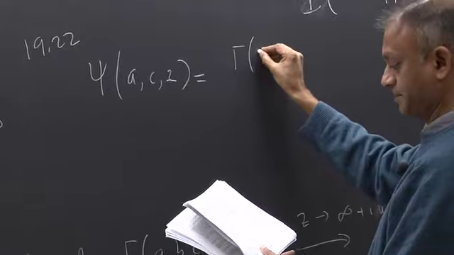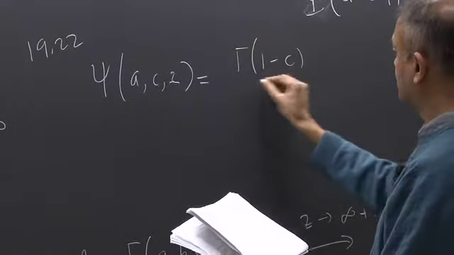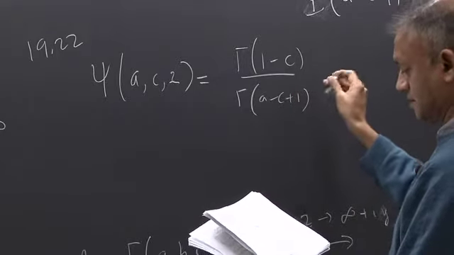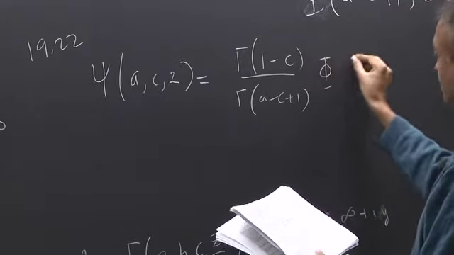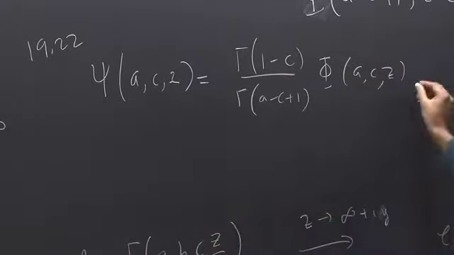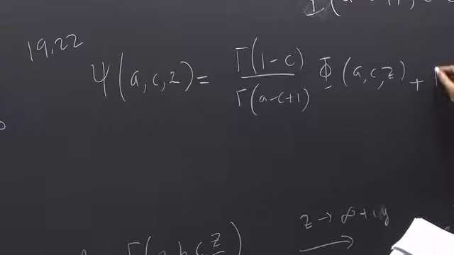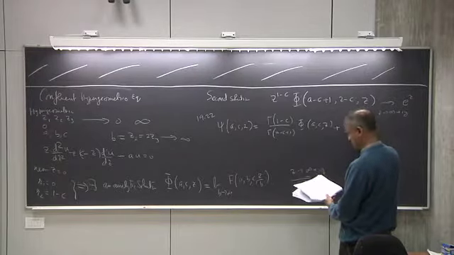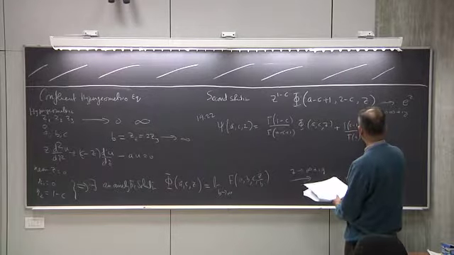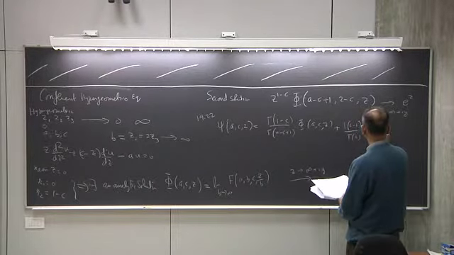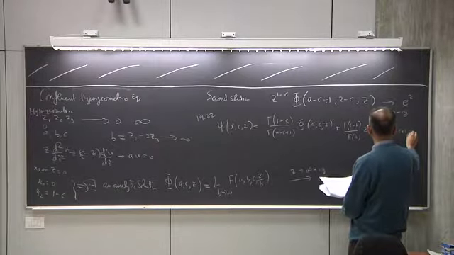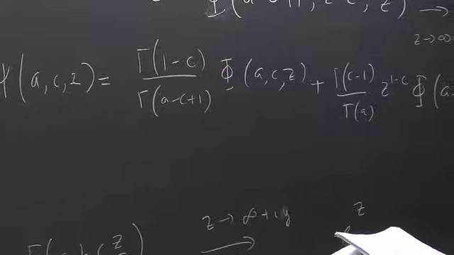It was gamma of 1 minus c divided by gamma of a minus c plus 1 times phi of a, c, z. So this constant times the first solution, plus there's another constant, gamma of c minus 1 divided by gamma of a, times z to the 1 minus c times the second solution, phi of a minus c plus 1, 2 minus c, z.